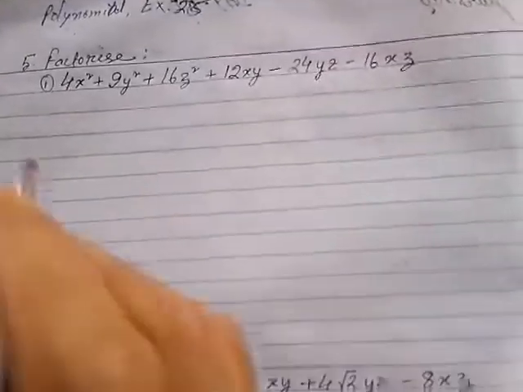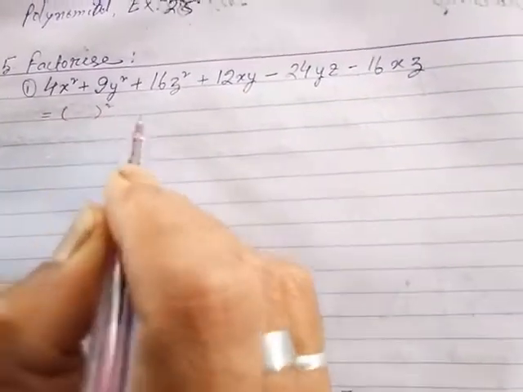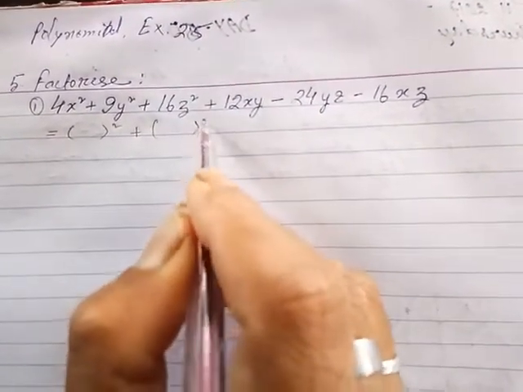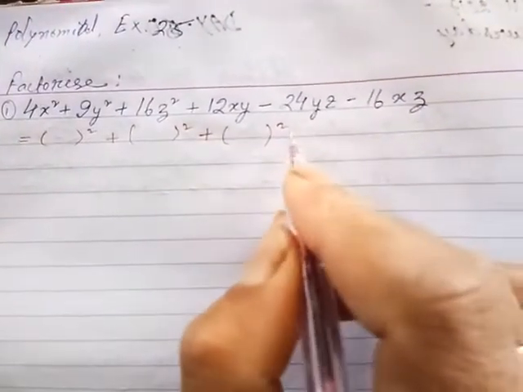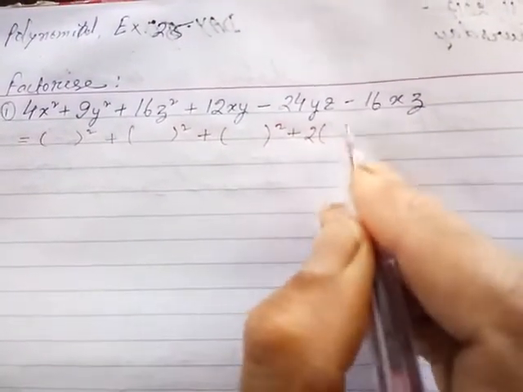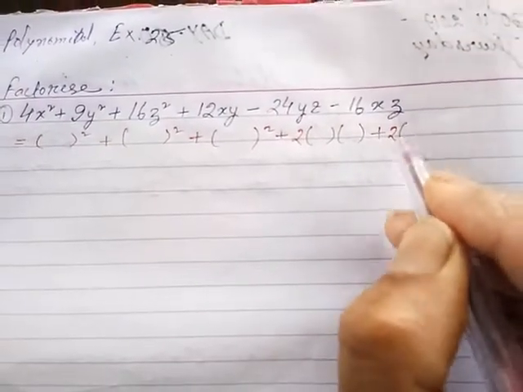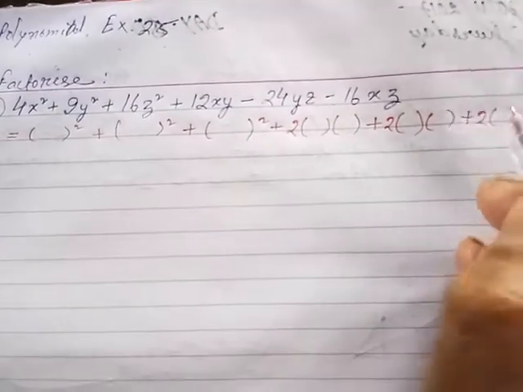That's why we'll apply it. The form is a² + b² + c² + 2ab + 2bc + 2ca.